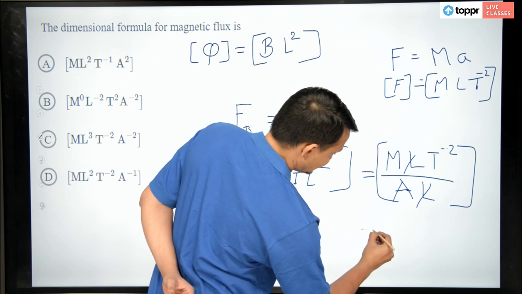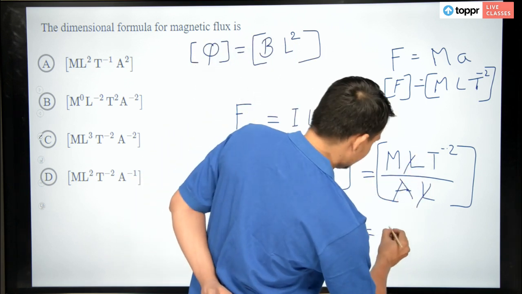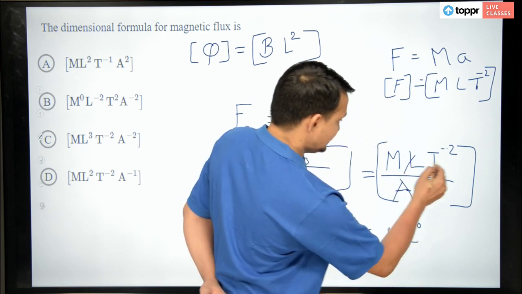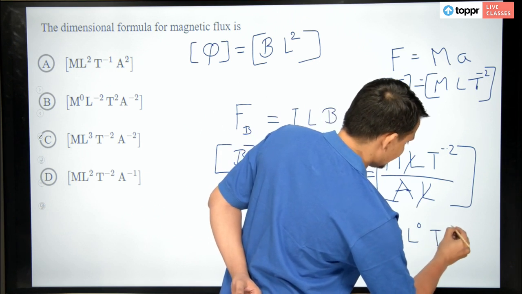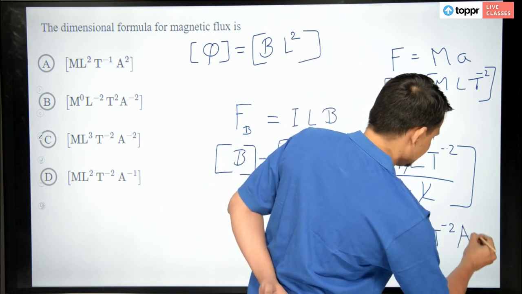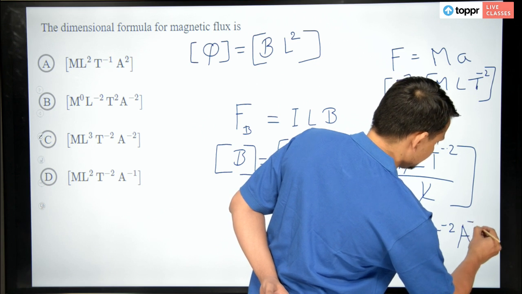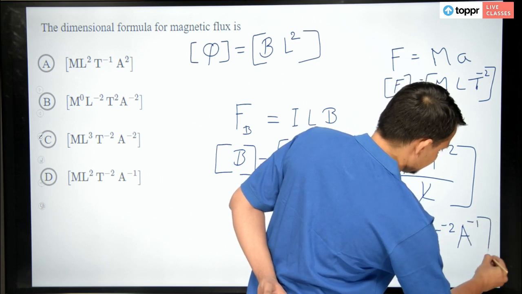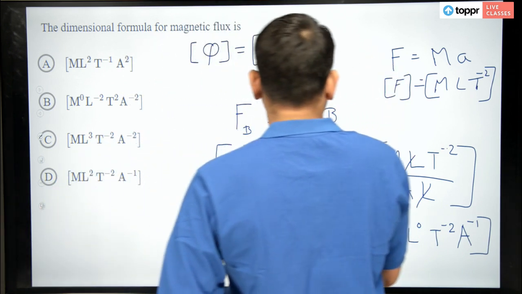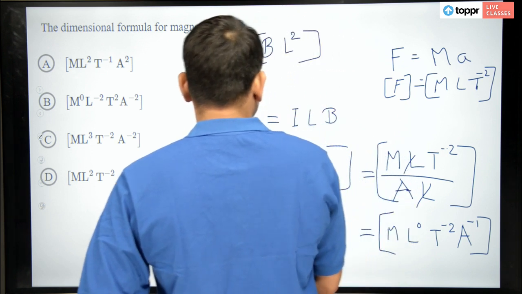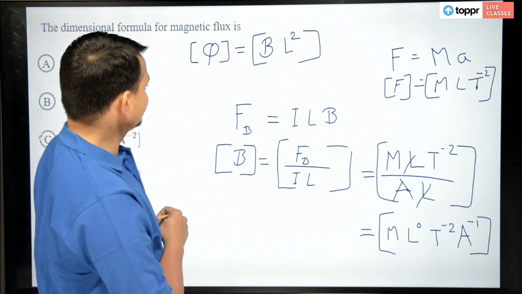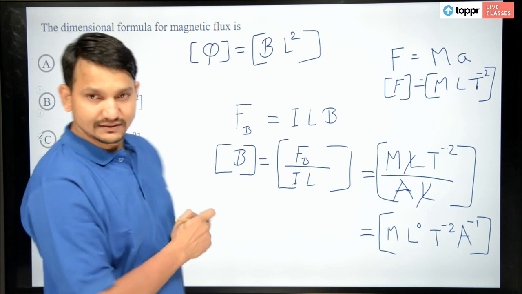We would be getting M L to the power 0 T inverse square and A inverse. Do we have any of our answer here? Might be I'm doing something wrong here. F equals B I L. Okay, I have done one wrong thing here.